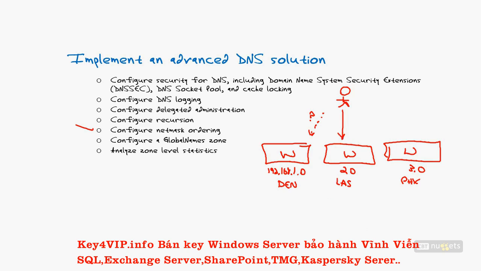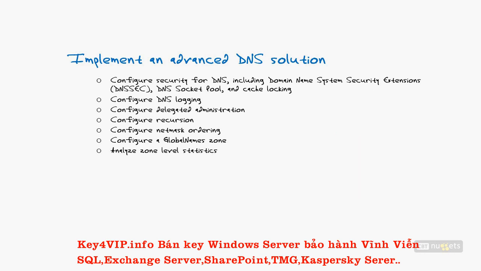Well, netmask ordering is a way to override the round robinness of round robin to ensure that when a user happens to be sitting in 192.168.2.0, round robin will always give that user the correct server in their local subnet, wherever appropriate. It's, again, awesome for WSUS servers, great for web servers. Anytime I have multiple machines with the same name that may be in different subnets.